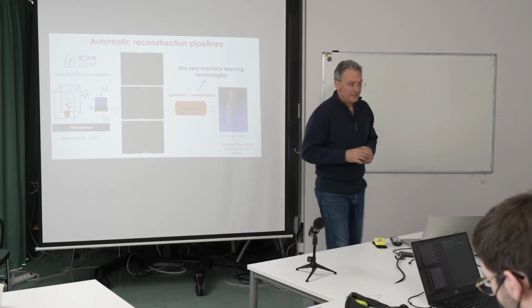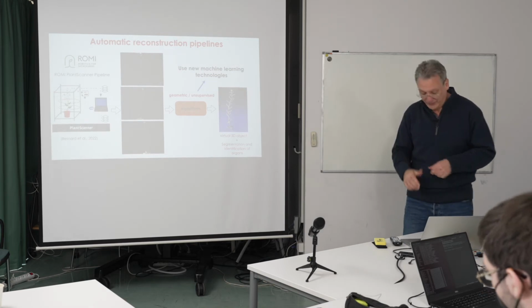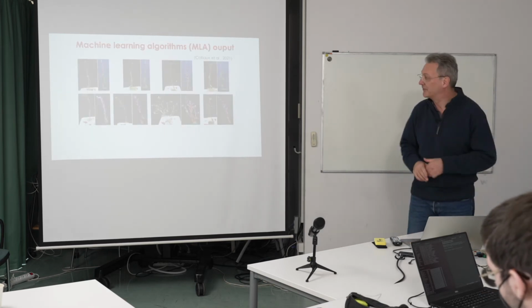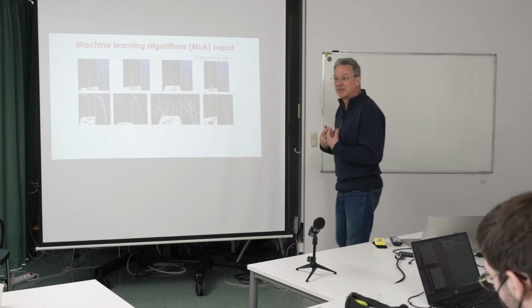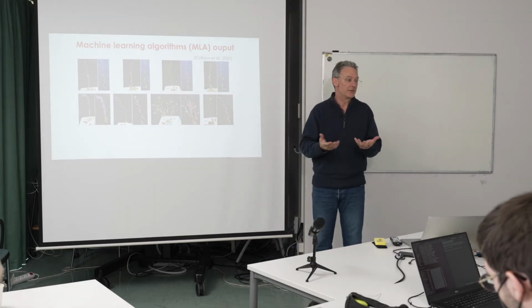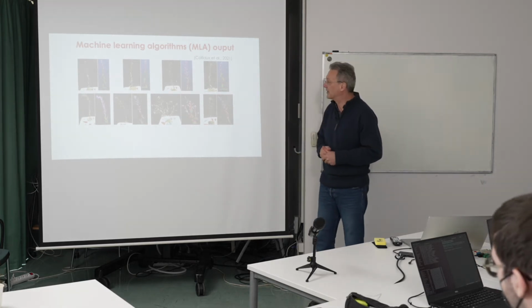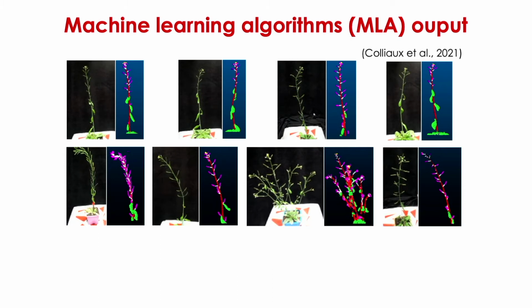And for this, you need obviously a lot of data in order to train the system to recognize the different parts of the plants that the system is observing.